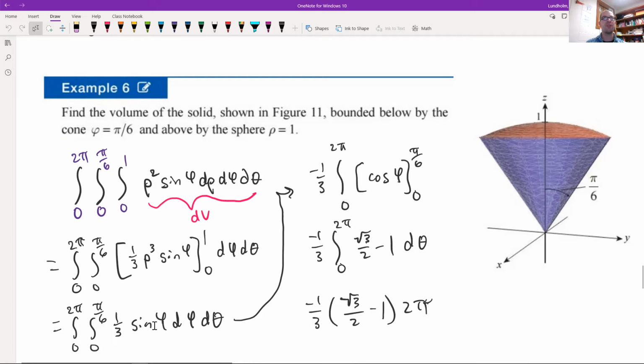And yeah, the antiderivative of sine is the negative cosine. Oh man, but why? Square root of 3 over 2 would be bigger than 1, and so this is a negative number in the end.